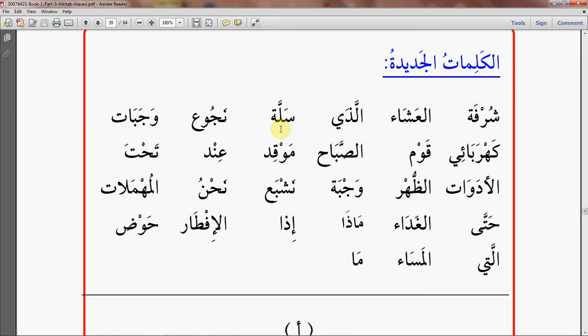Salla, basket. نجوع, we feel hungry. وجبات, meals. كهربائي, electric. قوم, people. الصباح, the morning. موقد, the oven. عند, at. تحت, under. الأدوات, the tools. الظهر, noon. وجبة, meal. نشبع, we feel full.